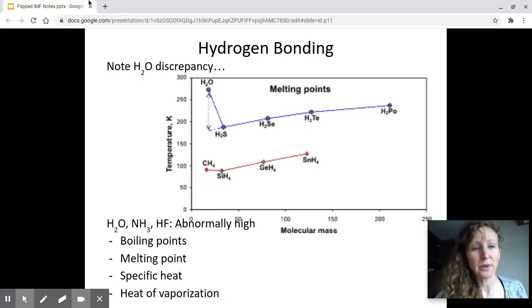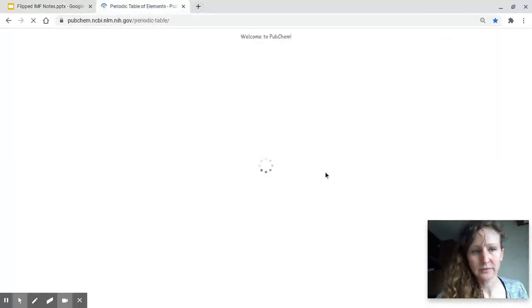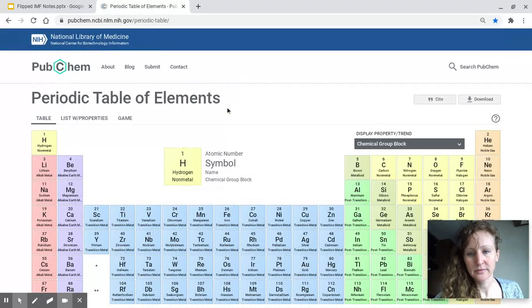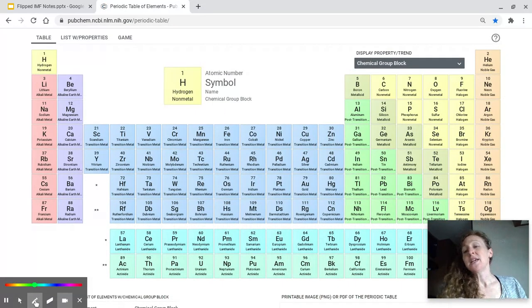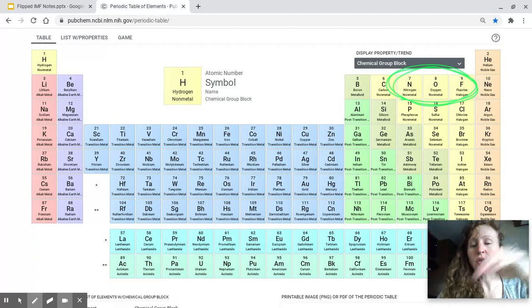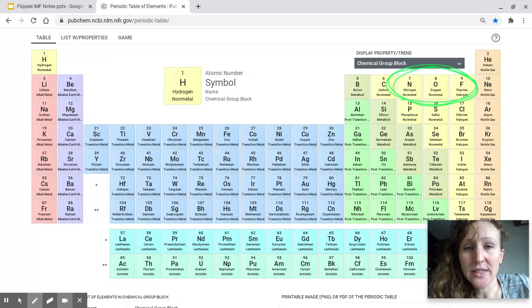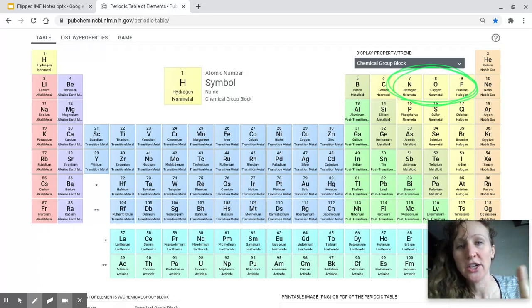If we look at a periodic table, those three elements are right here: nitrogen, oxygen, and fluorine.